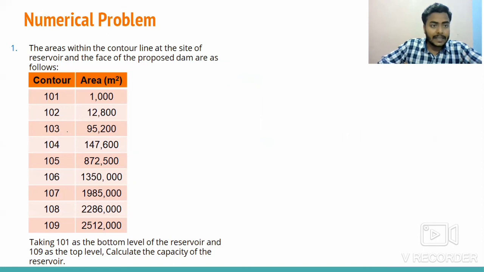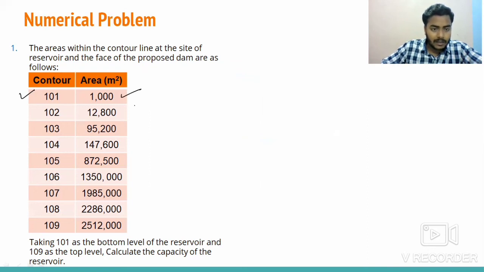First question: we have the areas within the contour lines at the site of a reservoir and the face of the proposed dam, as follows. The contour RL is given from 101 meter elevation, let's assume in meters, and the area is given for each.